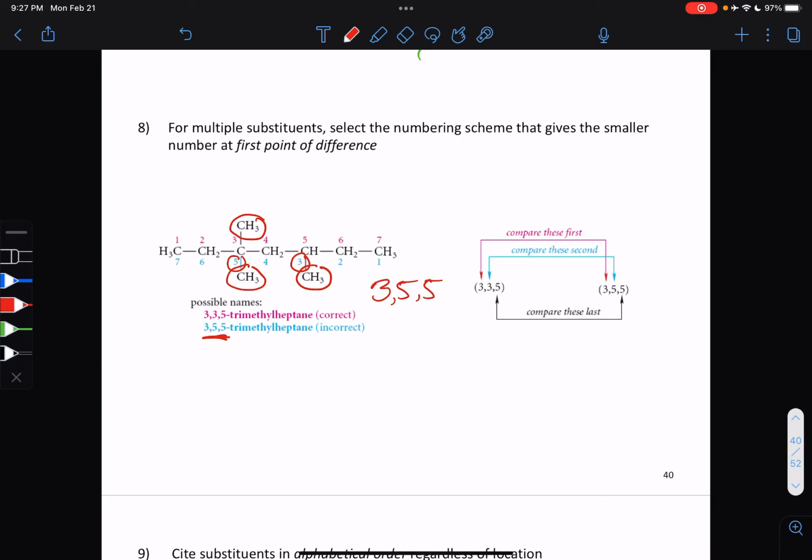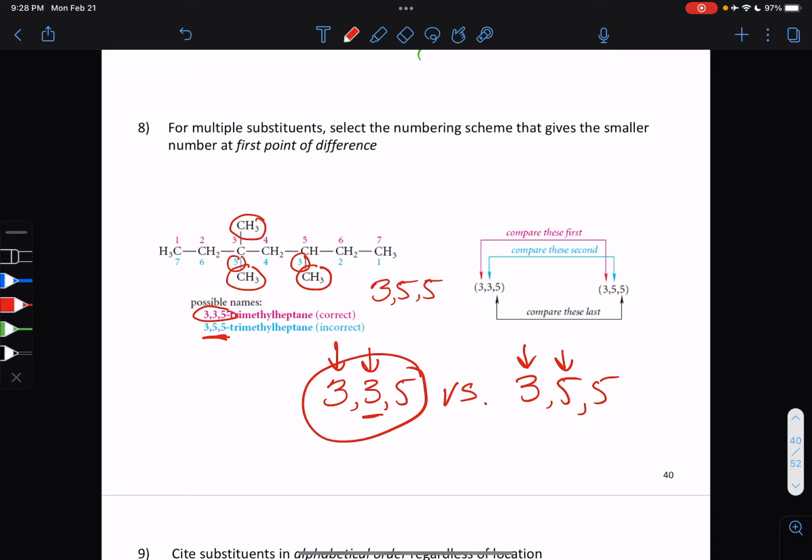So what we have is 3, 3, 5, which is right here, versus 3, 5, 5. And the rule says, look at the first ones, 3 and 3, so those match, so you have to go to the next one. This one's 3 and this one's 5. This one is the lower number, so this is the combination of numbers that we pick.